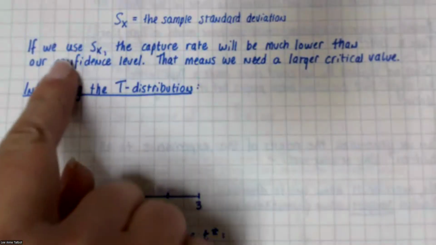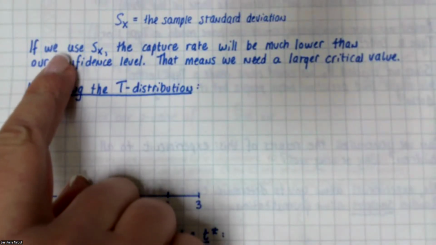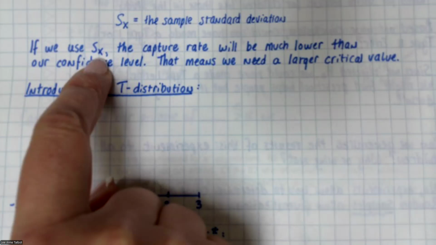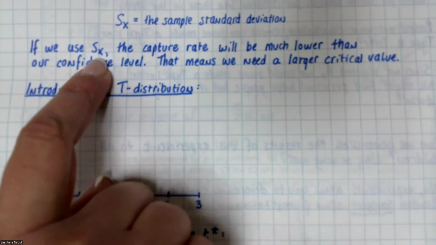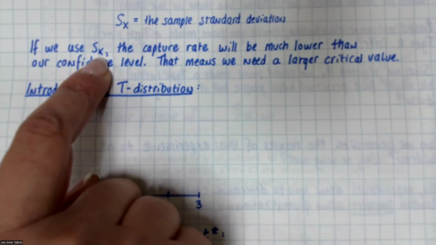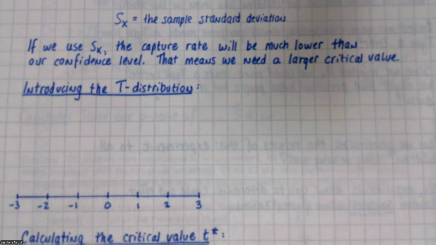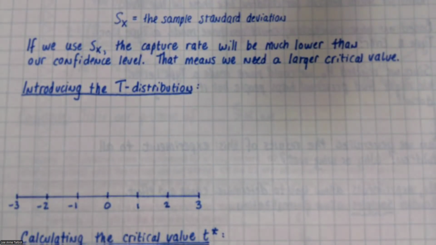So if we take out sigma and replace it with S sub x, which we have no choice. You're not going to have sigma. That would be a really special problem if you did. It would be a very contrived stats problem from a book where they would give you sigma for some reason. And then you've got to think, if I know stuff about the population, why would I ever do a confidence interval?